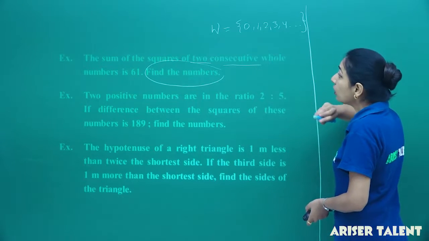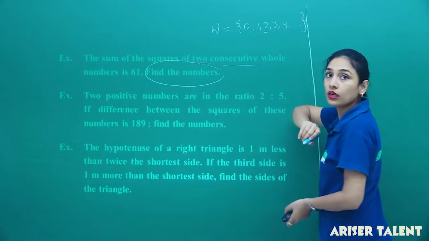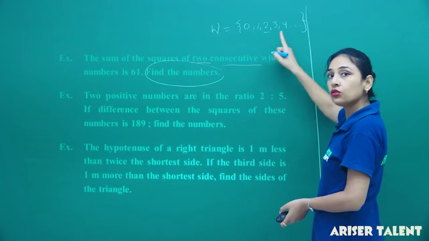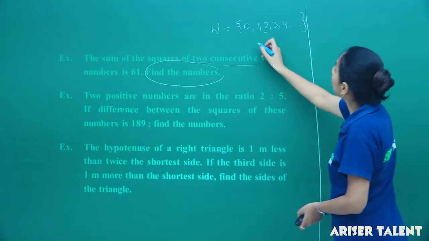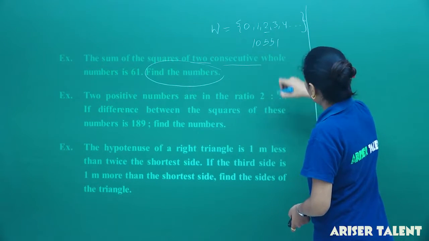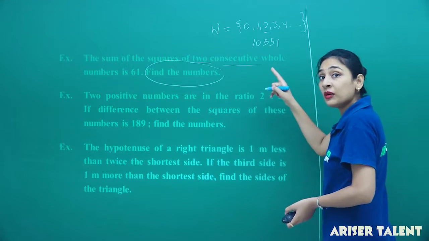Okay. Now, two consecutive means if one number is 2, then what will be the other number? 3. Or if one number is say 10,551, what will be its consecutive number? Just the whole number next to it.